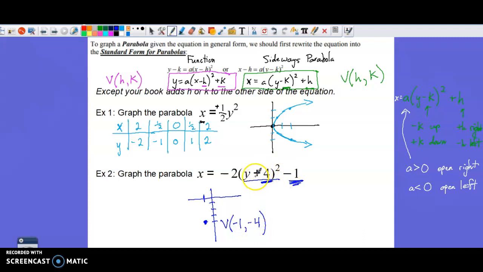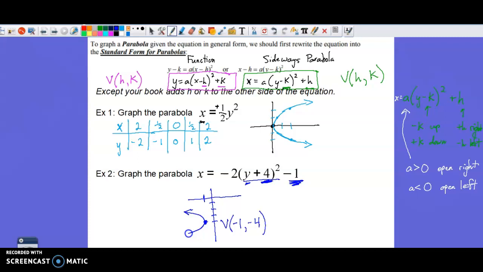And notice that when it's in the parentheses, it is the opposite, and the y value stays with the y value. So that's why it shifted down, because it's the opposite for the y value. And then this is the same on the outside, left 1. And all I really need from you on this one is to recognize that we're opening to the left.